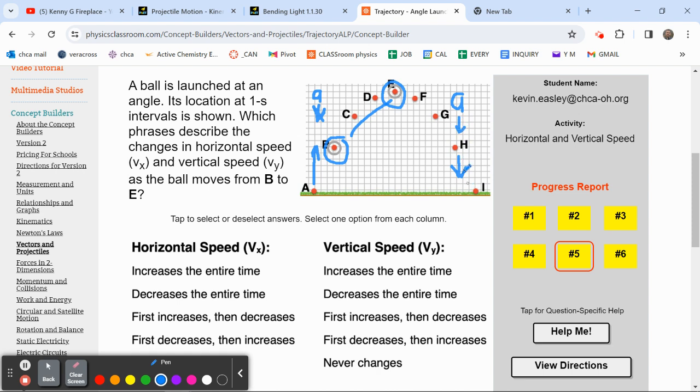So it's accelerating downward. Moving up, it's slowing down on the y-axis. Coming back down, it's speeding up on the y-axis. So the correct answer would be decreasing the entire time because it's slowing down going from B to D.